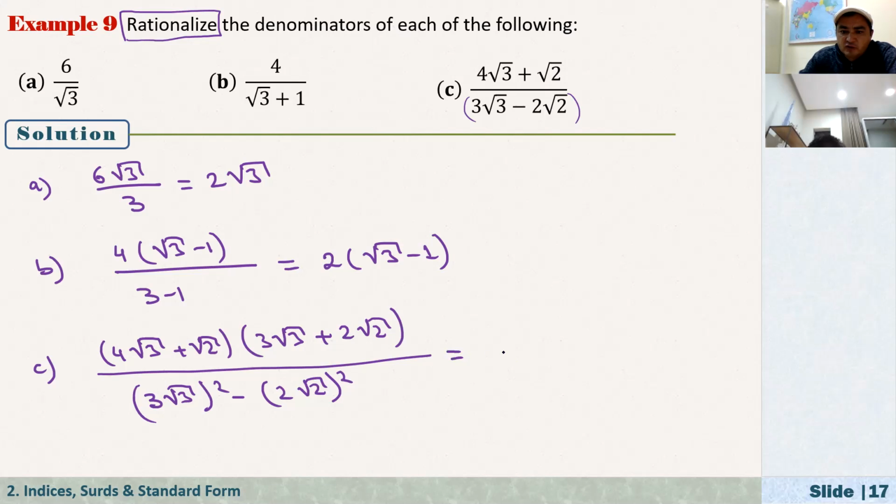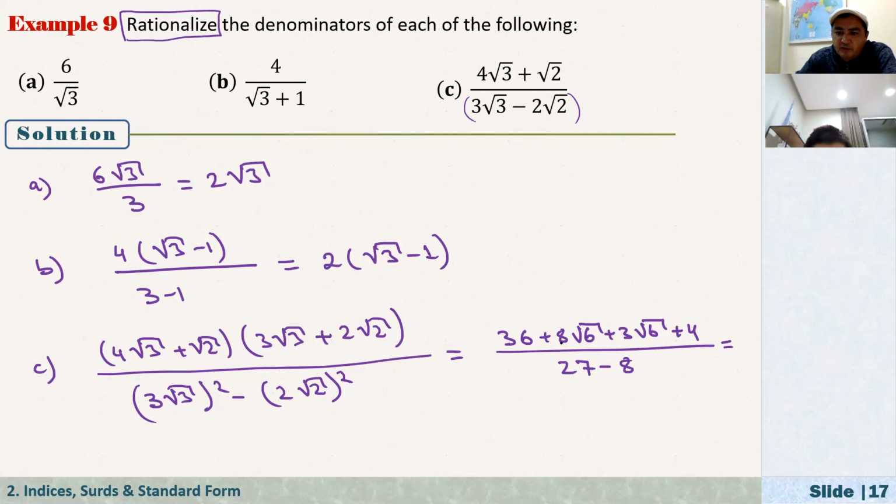Quickly, if you simplify the numerator, 4 times 3 is 12. 12 times 3, that is 36. 4 times 2 is 8 plus 8 square root of 3 times square root of 2, that is square root of 6. And square root of 2 times 3 times square root of 3, that is 3 square root of 6. And square root of 2 times square root of 2, that is 2 times 2, that is 4. In the denominator, here we have 9 times 3, that is 27, minus 4 times 2, that is 8.